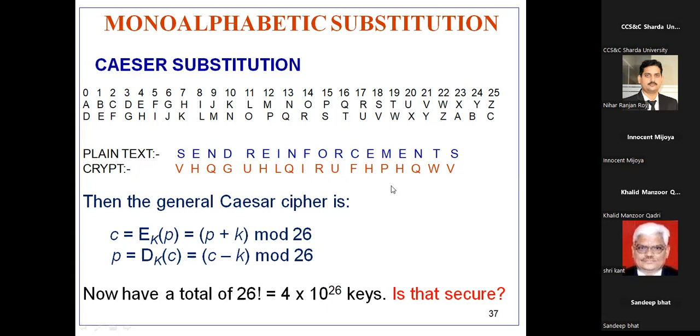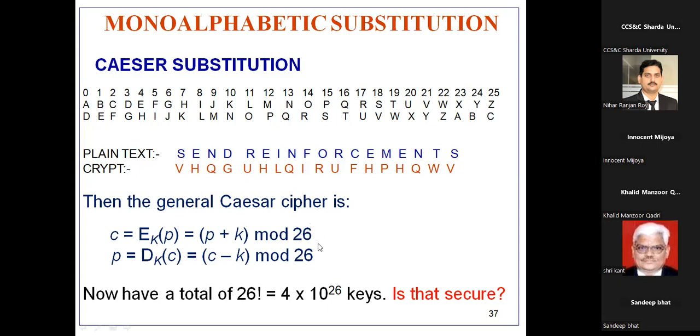It means it is nothing but simply a shift of 3 letters for each one, going mod 26. So this whole thing has been put here in the form of a mathematical formula. This is my encryption equation and this is my decryption equation.